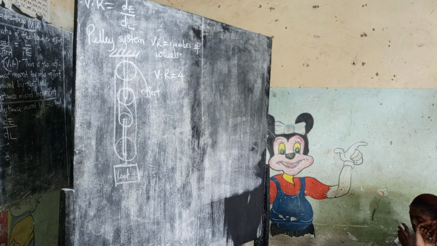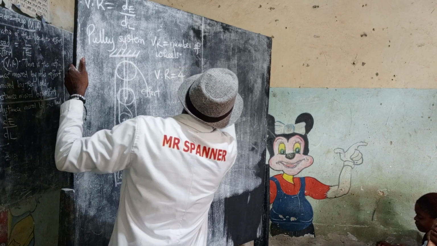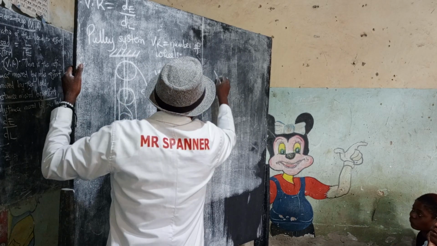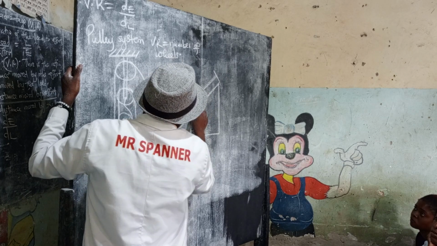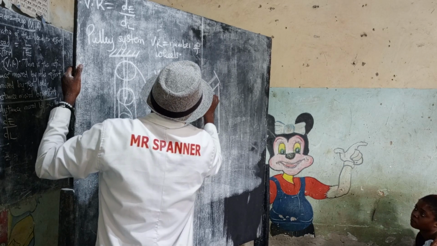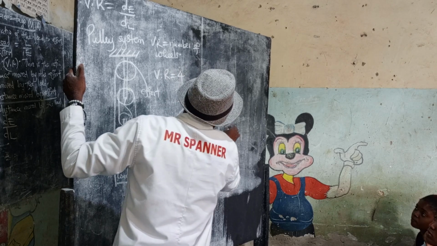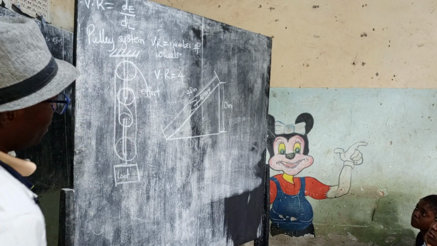And then when it comes to the inclined plane, that is where we use the formula. Say you have an inclined plane in this manner. From here up to there, the distance is let's say 40 meters, then from there up to maybe 10 meters. Can you find the velocity ratio?